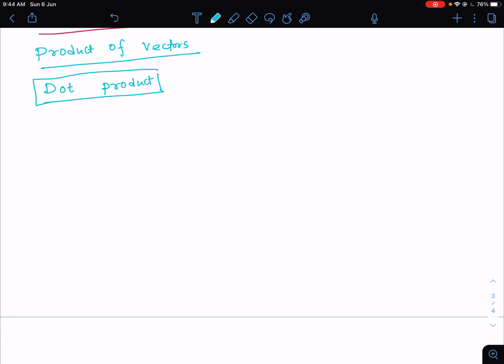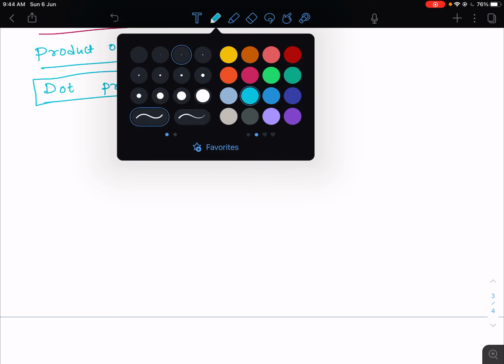The first is the dot product and the second one is the cross or vector product. I will discuss first the dot product, then I will discuss the cross or vector product.